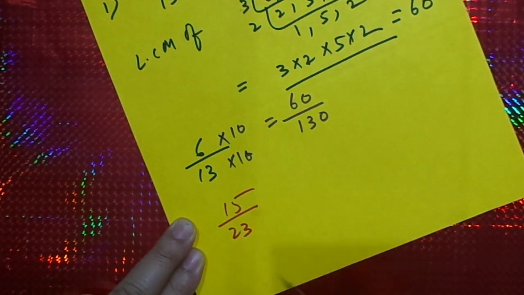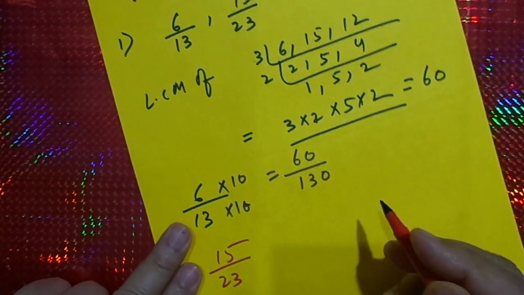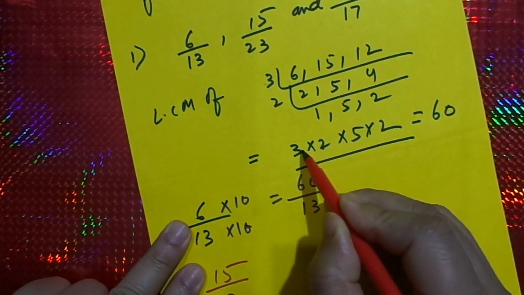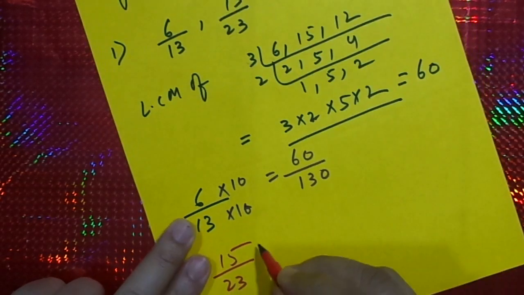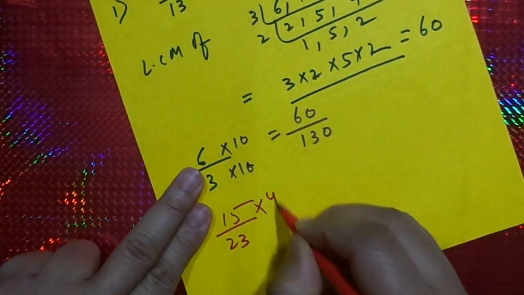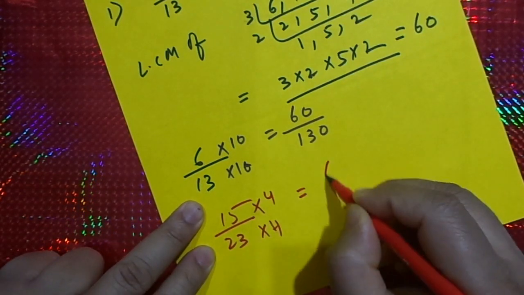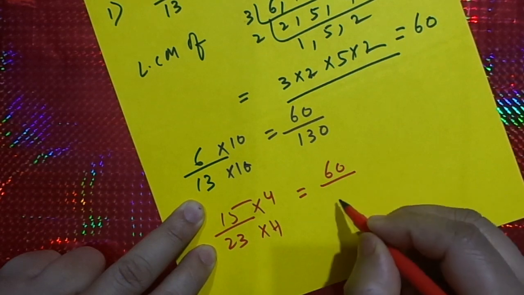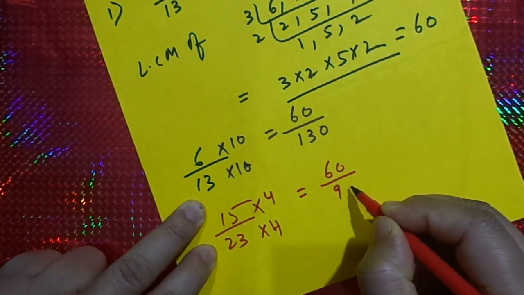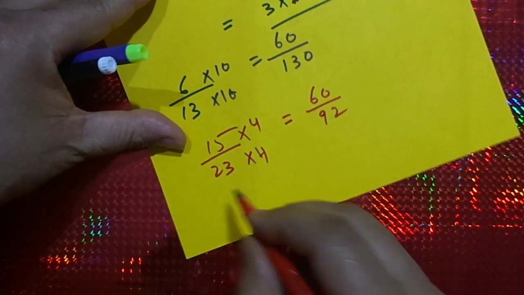15 by 23. So in 15 by 23, if I remove 15 from here, 5 3s are 15. What remains? 2 2s are 4. So I'll multiply both the numerator and the denominator by 4, and I'll get 15 4 times 60 by 92. Yes. And then of course 12 by 17.